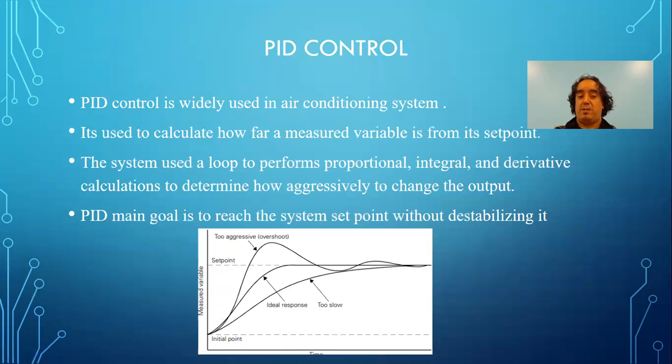By doing that, the PID uses a loop to perform proportional, integral, and derivative calculations to determine how aggressive to change an output, because we don't want a unit to overshoot, making the room either cold or hot. So one of the main goals of the PID control in an air conditioning system unit is to reach the system set point without destabilizing it.